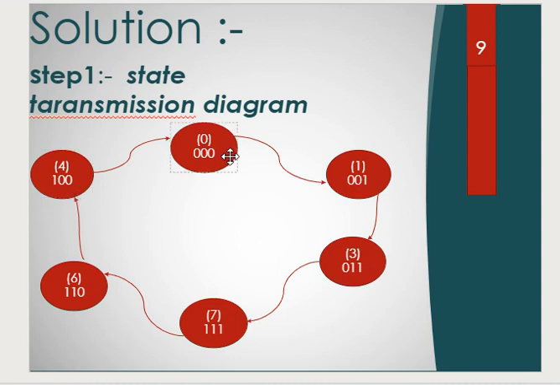This is the transition diagram, and I have listed the binary code also, so it is clearer now. On the basis of this transition diagram, we'll derive our transition table in the next slide, and it will make more sense when we derive the transition table.